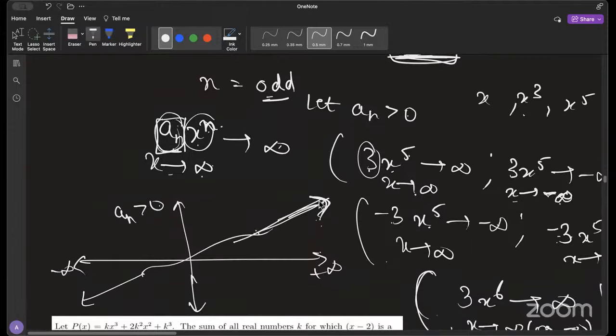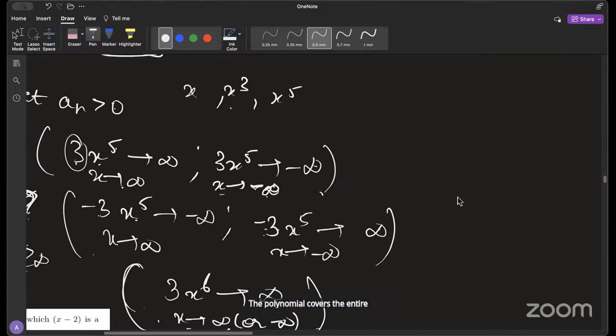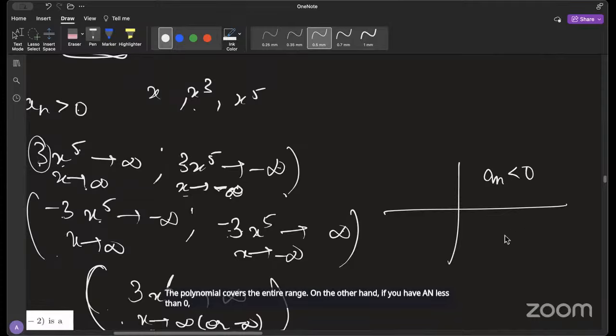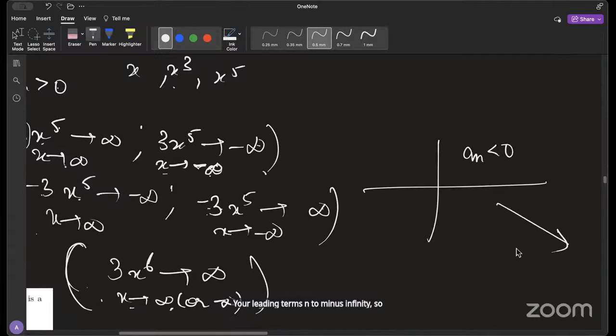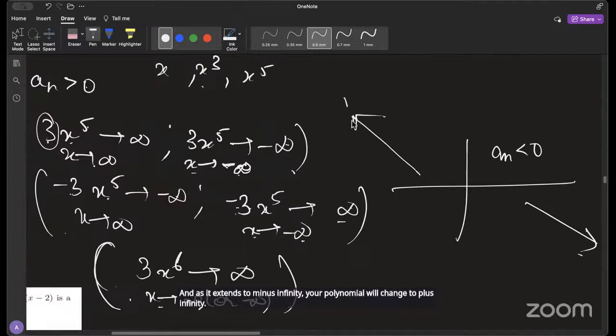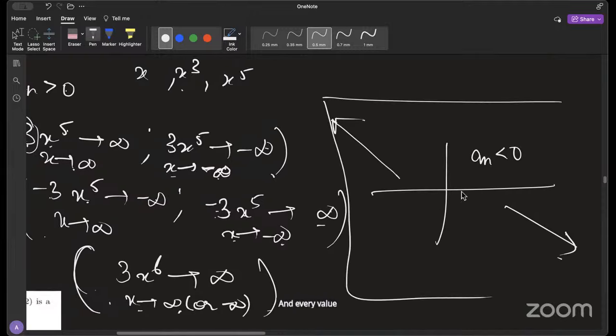Because on one side it's tending to plus infinity, on the other side to minus infinity, the polynomial covers the entire range. On the other hand, if a_n is less than 0, then as x tends to infinity, your leading term tends to minus infinity, so your polynomial will tend to minus infinity. And as x tends to minus infinity, your polynomial will tend to plus infinity. And every value in between is covered, because polynomials are continuous.